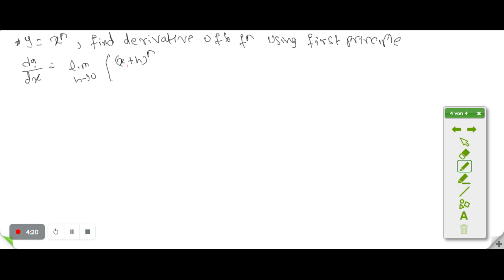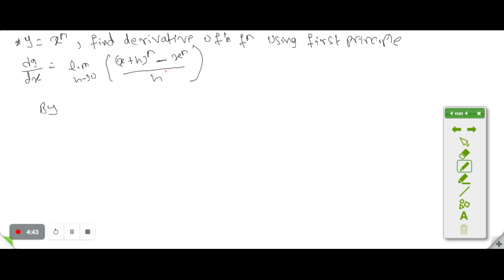Remember, here we have f of x plus h, so the x is x plus h, minus x raised to n, upon h. Here x is x raised to n and divided by h.